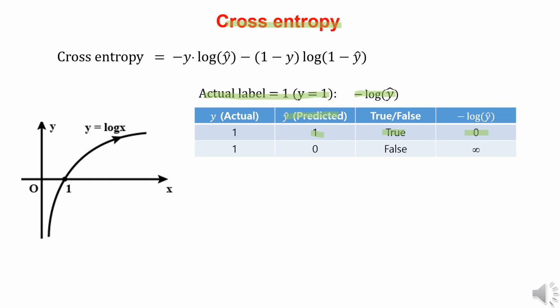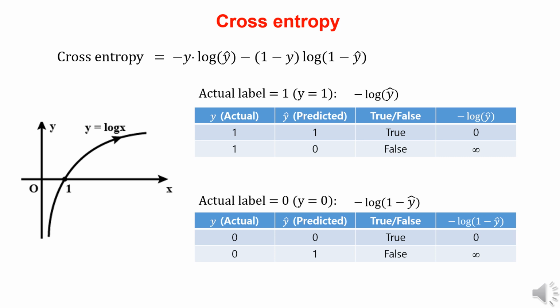When y hat is equal to 0, meaning the model makes a wrong prediction, the cross-entropy becomes minus logarithm of 0. As shown in the graph, the logarithm of 0 tends toward negative infinity, so the cross-entropy approaches positive infinity.